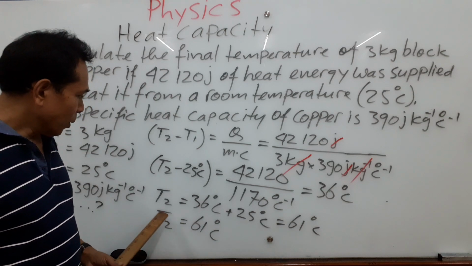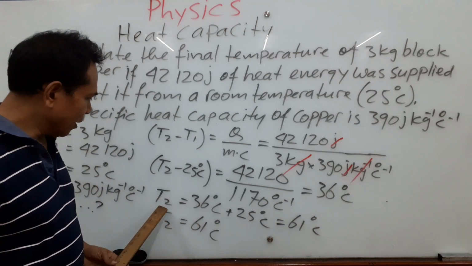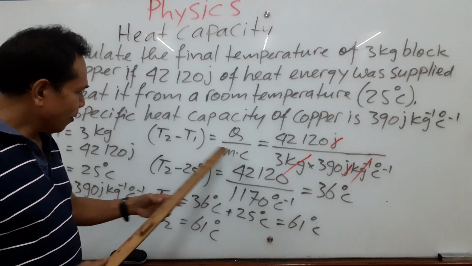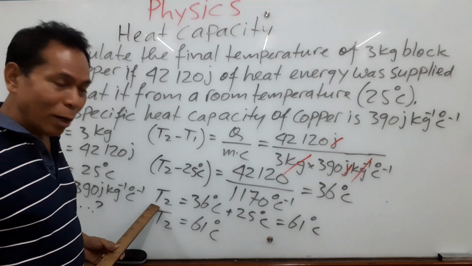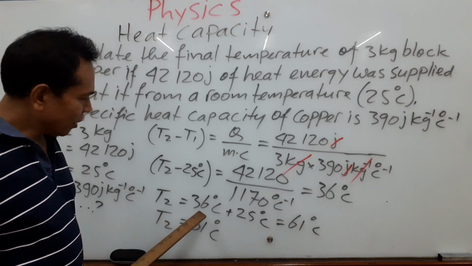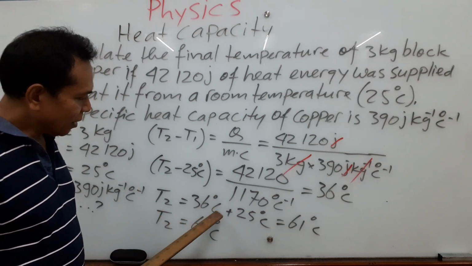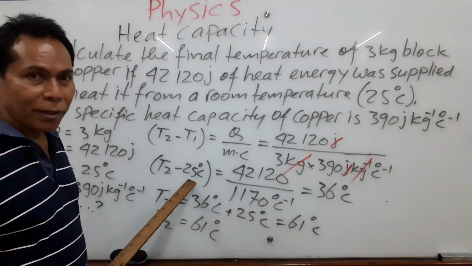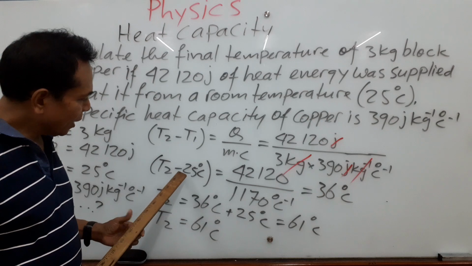Okay, so we convert this, because we want to find T2, so we take T2 from this formula, we take T2 out to be the subject. So T2 equals 36 degrees Celsius plus 25 degrees Celsius. 25 is the initial temperature. Here it is minus.